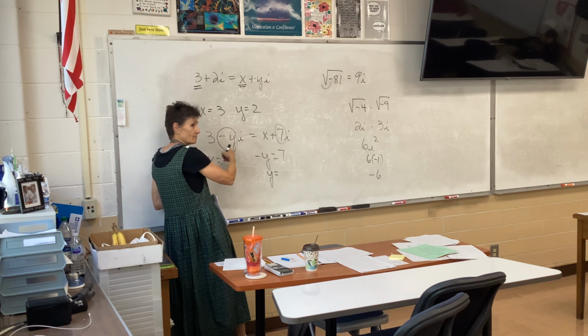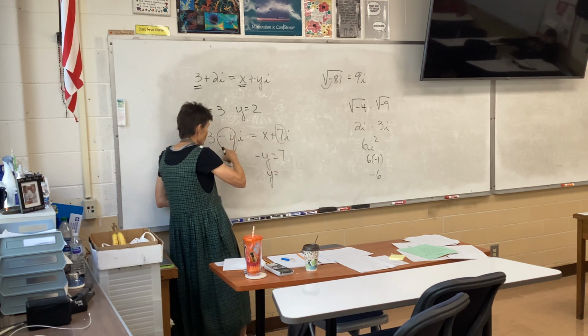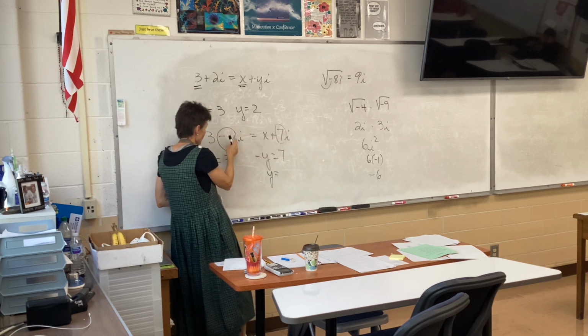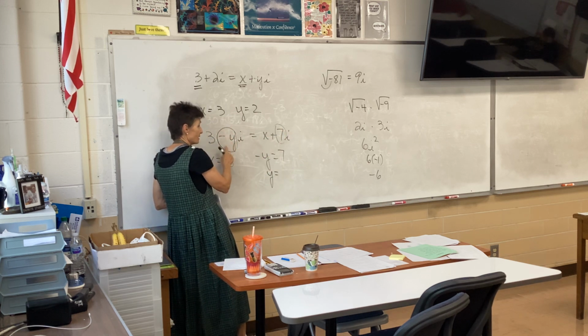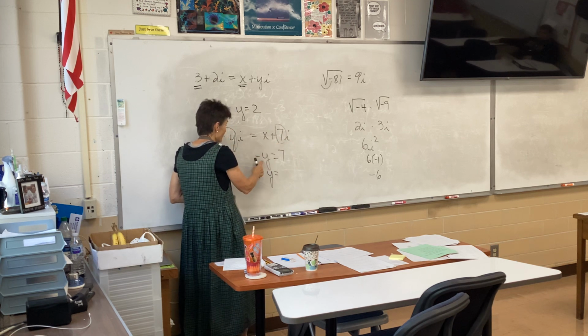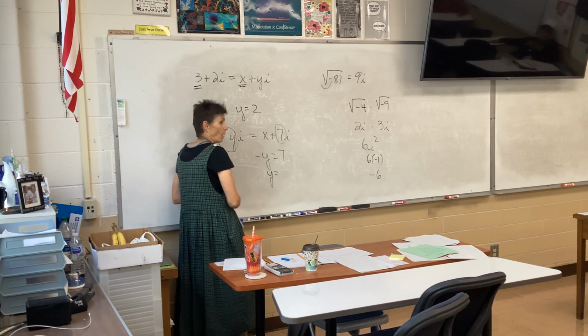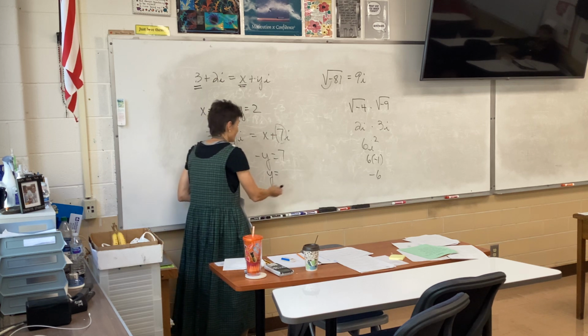This right here has to match this. They're both hooked to the i, so those two have to match. So whatever number this is has to match this number right here. So if negative y has to be 7, then regular y has to be negative 7.